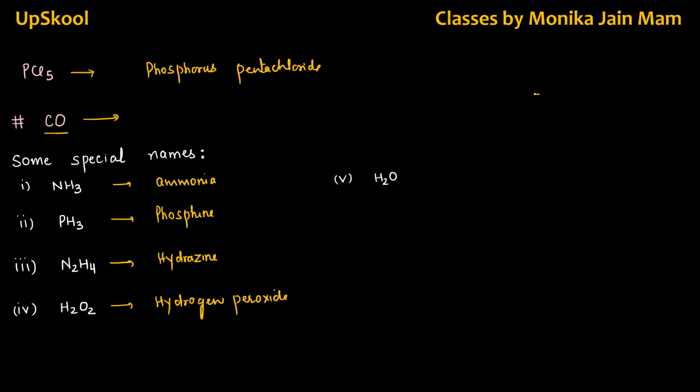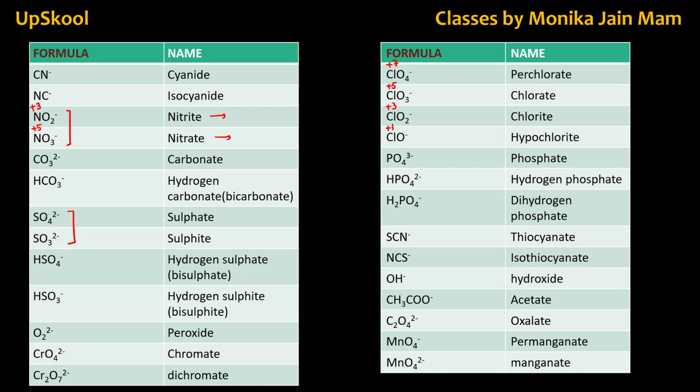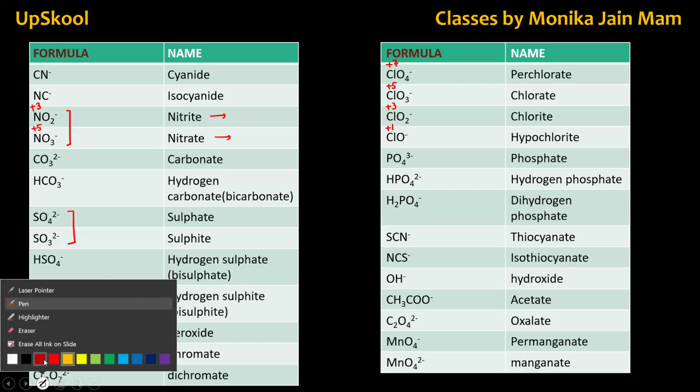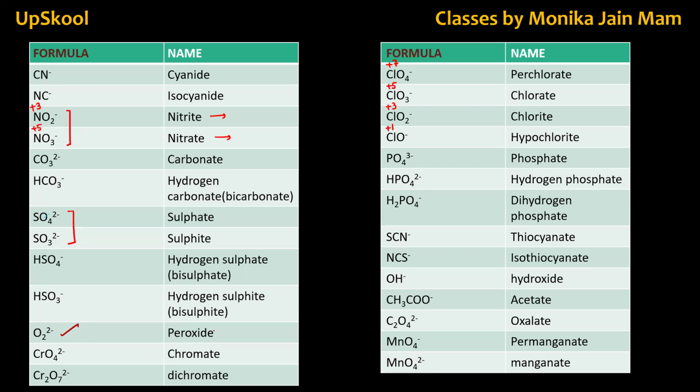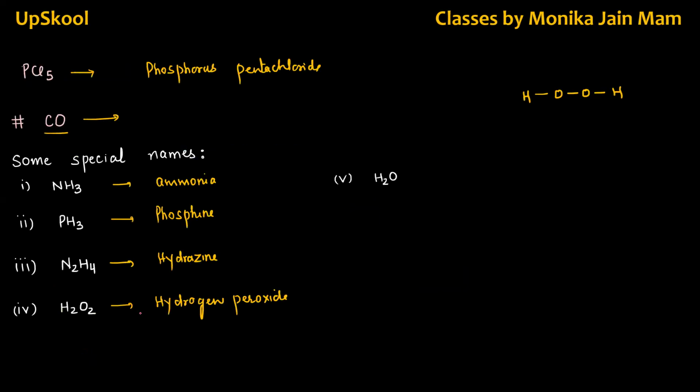Peroxide always has a structure like this. And it is hydrogen. So here, in this table, this one is peroxide. O2, overall 2 negative charges there. So hydrogen peroxide, and this one is water, as you know.